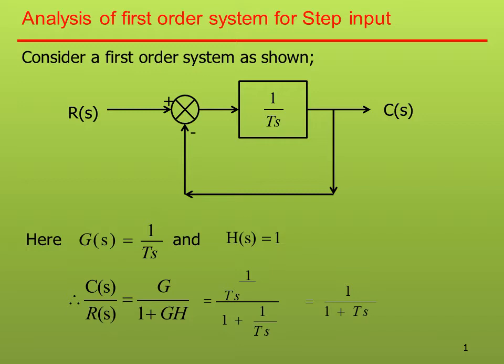See the first order system shown in the diagram, and here G(s) is equal to 1 upon Ts and H(s) is equal to 1, since it is having unity gain. Then C(s) divided by R(s) is equal to G divided by 1 plus GH, equal to 1 upon Ts divided by 1 plus 1 upon Ts. So we get the transfer function as 1 upon 1 plus Ts.